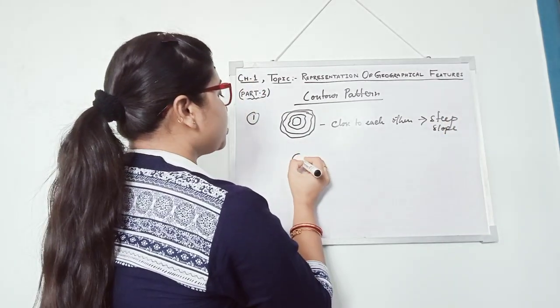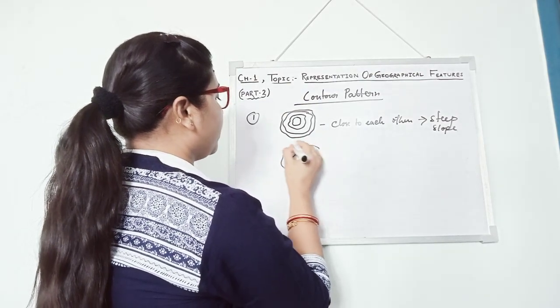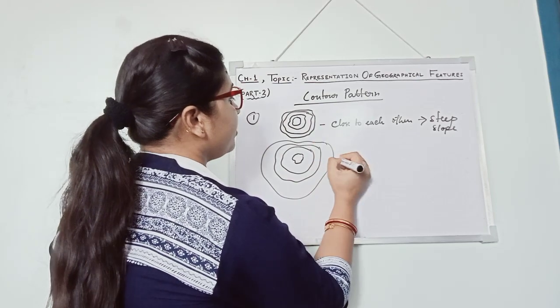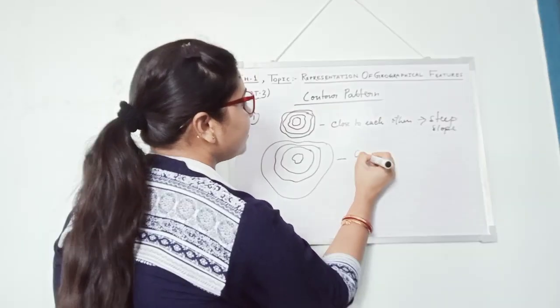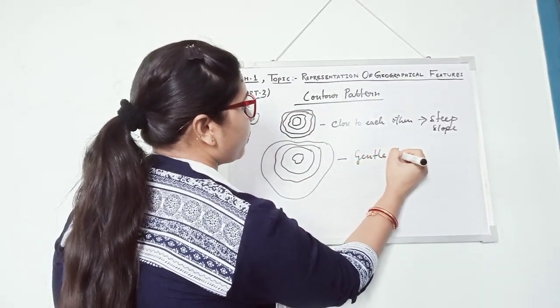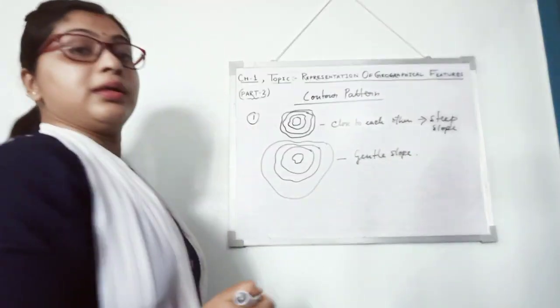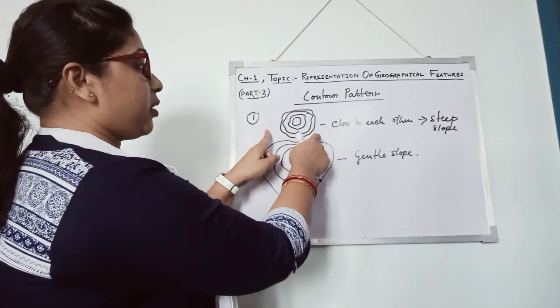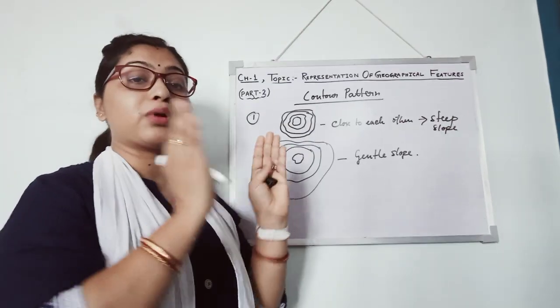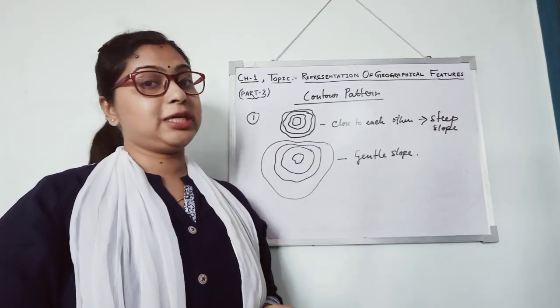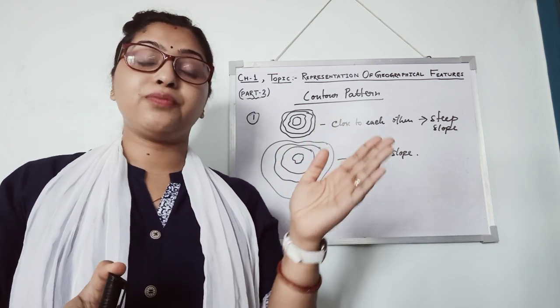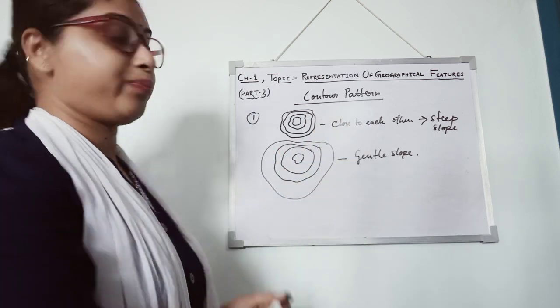If the contours are far apart or wide apart, far from each other, then they will form a gentle slope. Here you have to always remember, if the contours are close to each other, they form a steep slope. If they are far from each other, then they form a gentle slope.